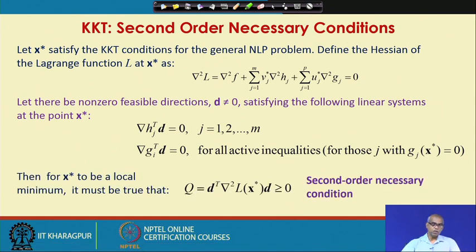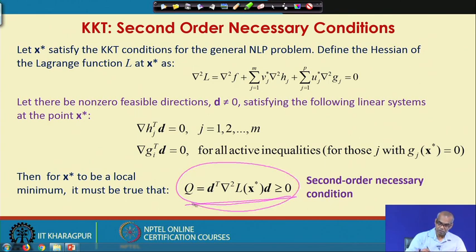Then, for x star to be a local minimum, it must be true that the quantity d transpose times Hessian of L times d is greater than or equal to 0. Note that this is a quadratic.